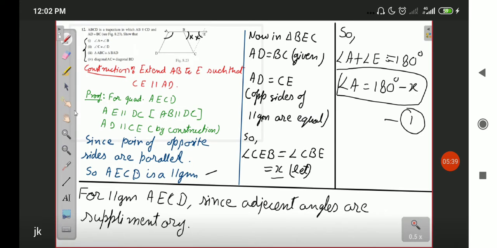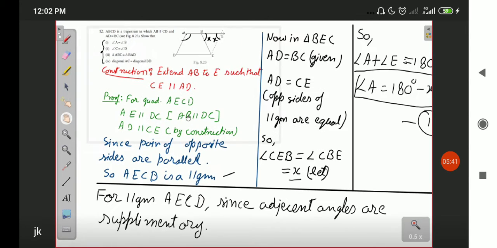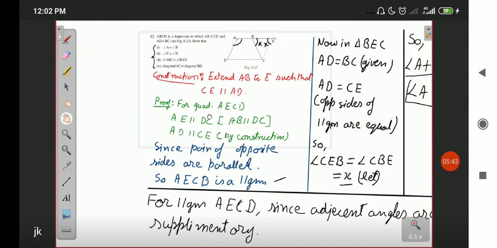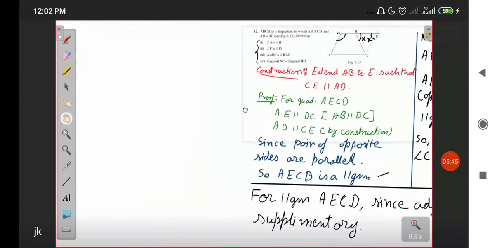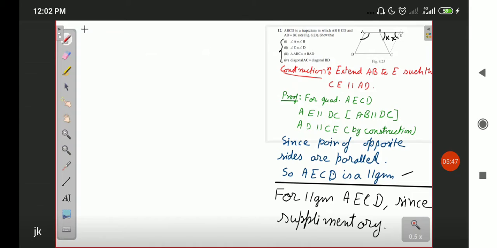Okay, next is on line AE at point B. If the diagram is not clearly visible to you, kindly see the diagram provided in the book or the diagram you have made just now.